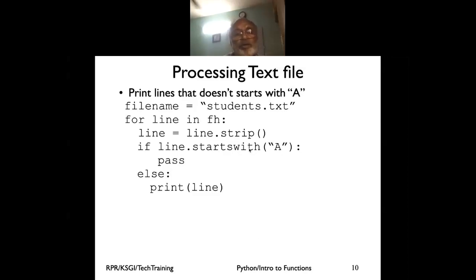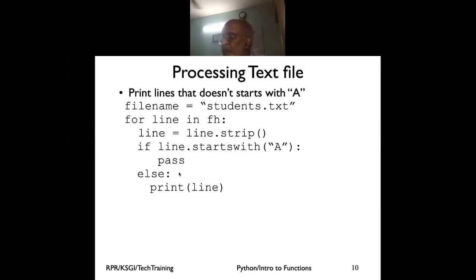So it will print all those lines which do not start with A. So if it starts with A, you don't want to do anything, just continue to the next. Pass means go to the next operation. So this is the useful case of pass, because your only function available is startswith, and then you can deal with it.